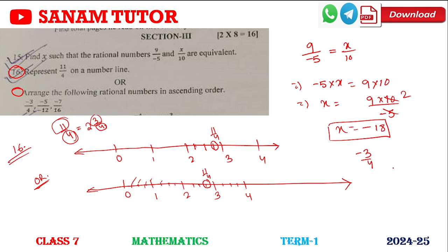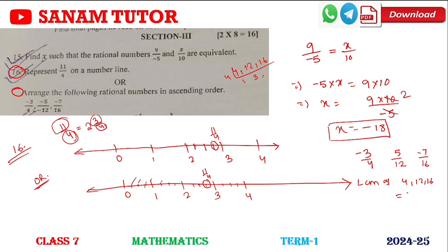Minus 3 by 4, and this will be 5 by 12. This will be minus 7 by 16. Now find the LCM of 4, 12 and 16.